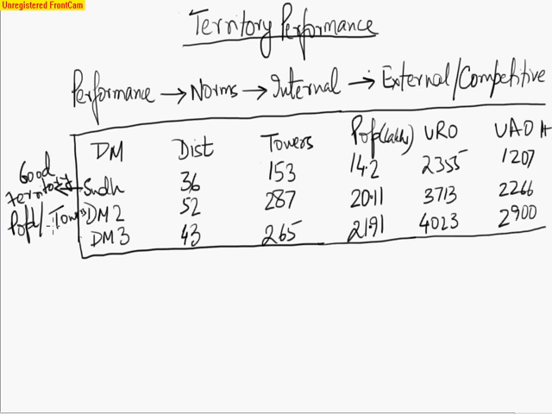Do your analysis here on your workbooks and you'll see that Sudhanshu seems to have a good enough territory. But then let us now look at another data set which is comparative in nature.